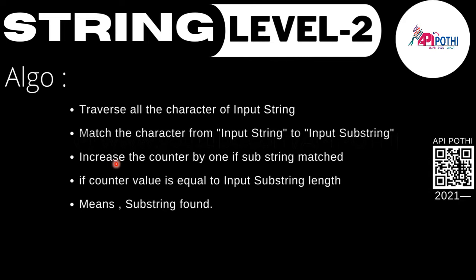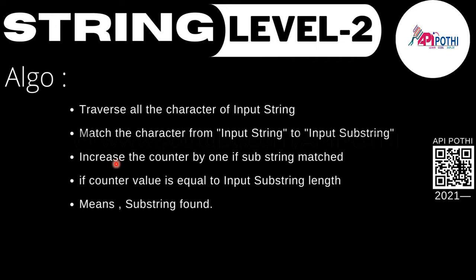Okay, so first we will traverse the given string from start to end, and then match the characters of the input string to the input substring. So there, matching will happen. We will match the characters of both strings. While matching, if a match is successful, then we will increase the index by 1 of the input substring.